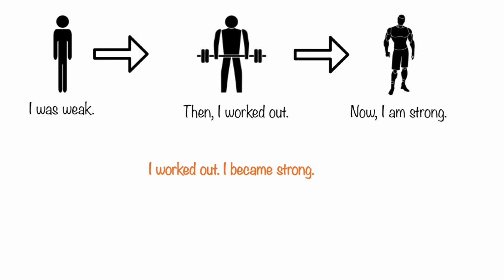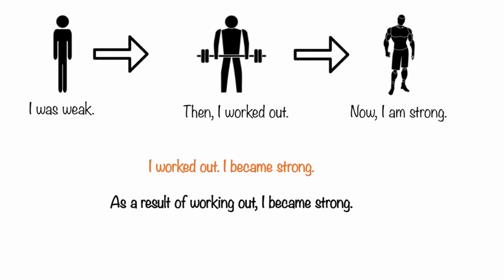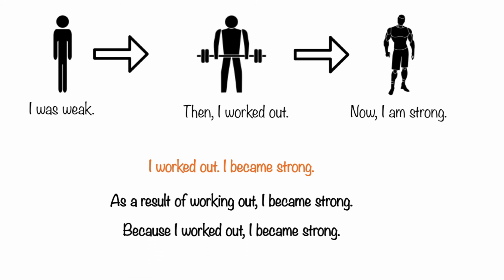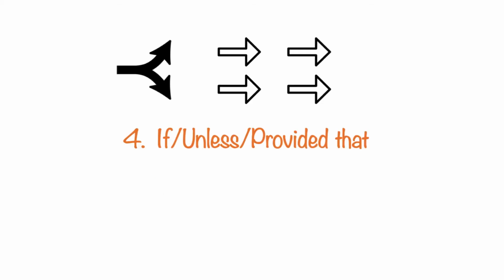A better way to do this would be to say, as a result of working out, I became strong. We could also say, because I worked out, I became strong. The next and final complex structures that we will learn today are those that use if, unless, and provided that.